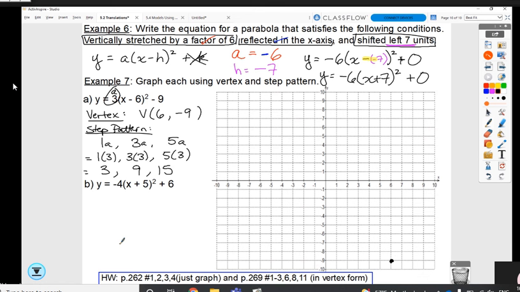So from this vertex, we're going to go over 1, up 3. I like to even draw these in. Over 1, up 9. So 1, 2, 3, 4, 5, 6, 7, 8, 9. I don't think we can do that third one there. Over 1, up 3. Over 1, up 9. And there we have it. This is our parabola.